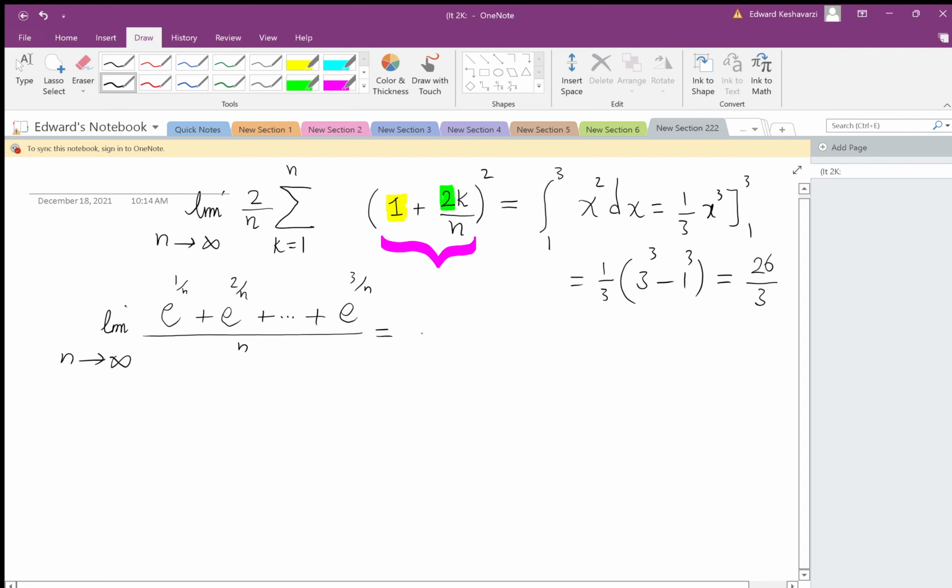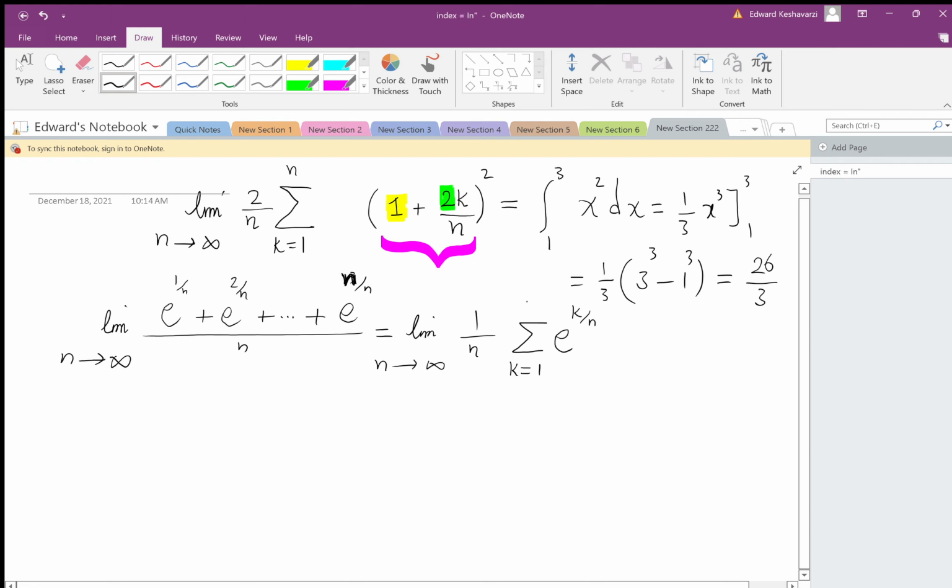Therefore, we are going to change it this way: limit, 1 over n, sigma e to the power of k over n, n goes to infinity. Oh, I made a mistake here. The last term is n over n.